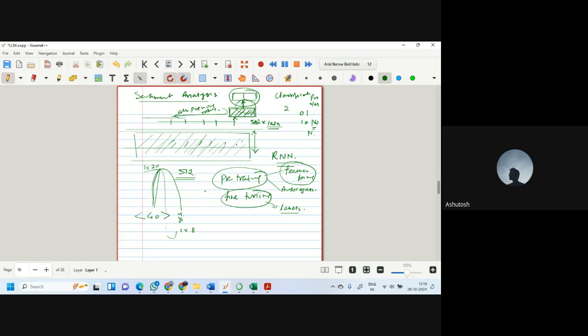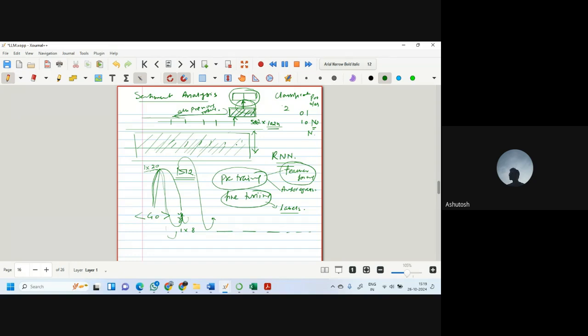Whatever the output is coming, you pass the same as the input, and again it will generate. Again you just add, so some gibberish will come, not any meaningful sentence. But it could update that embedding.